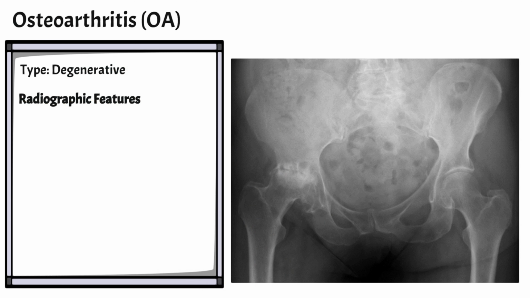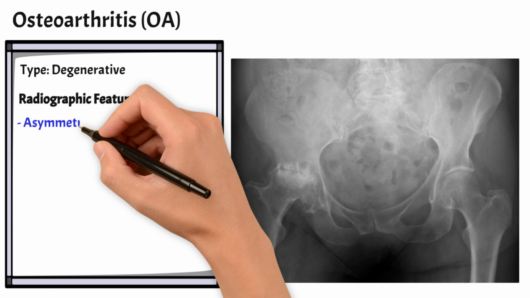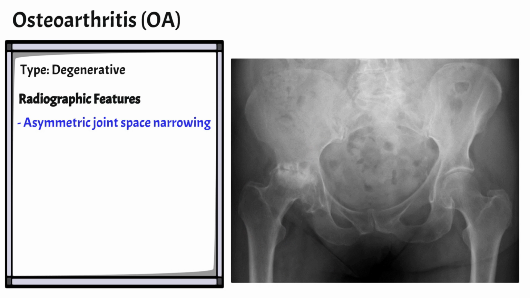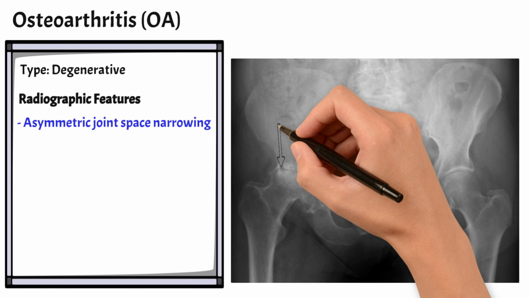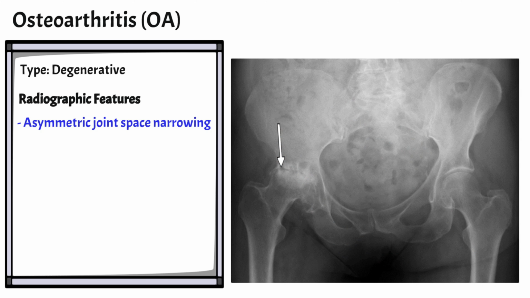OA will present with asymmetric joint space narrowing. We can see here that the right acetabular joint space has become narrow in comparison to the left side, which is more preserved in nature.